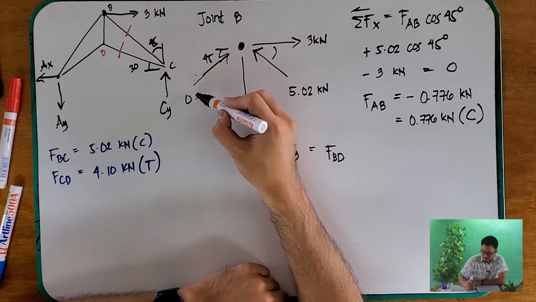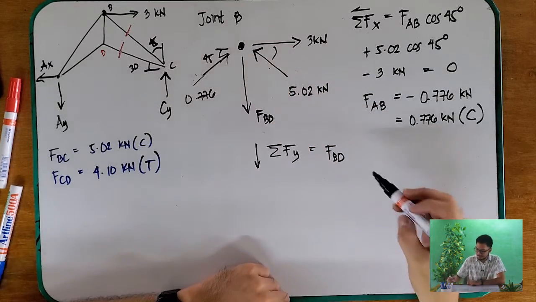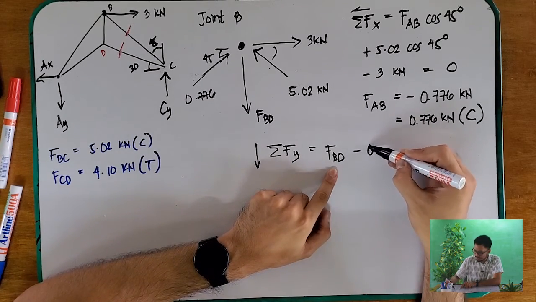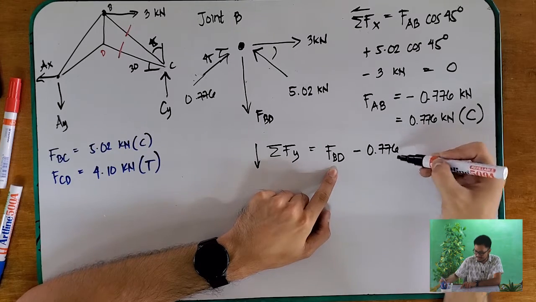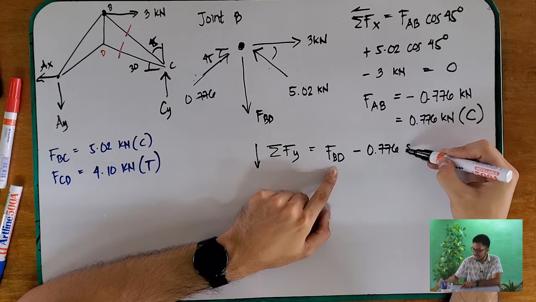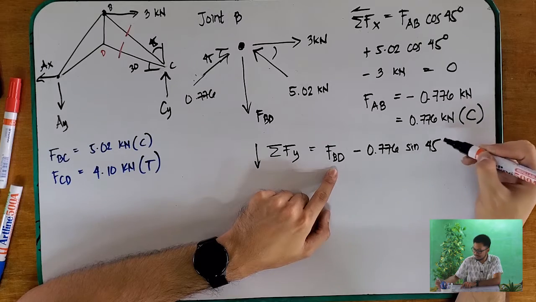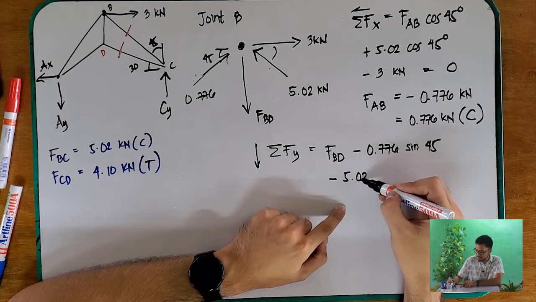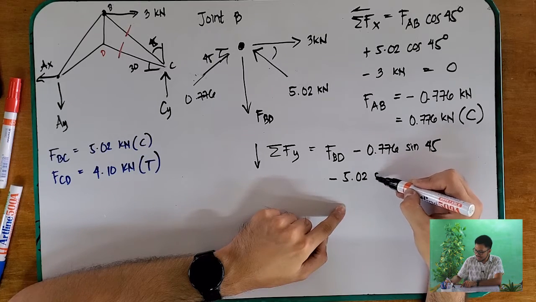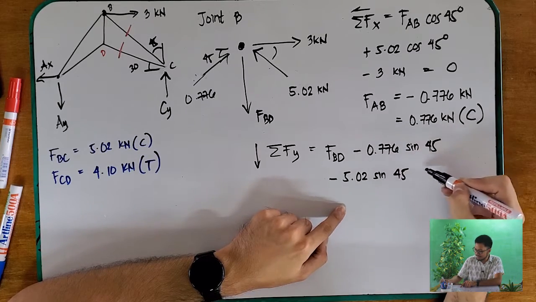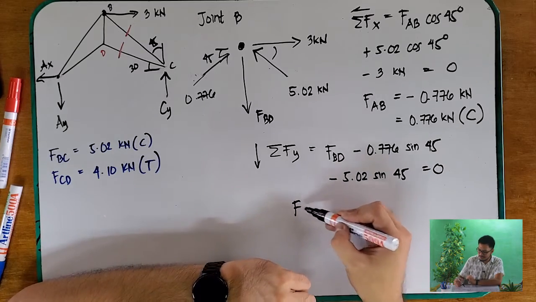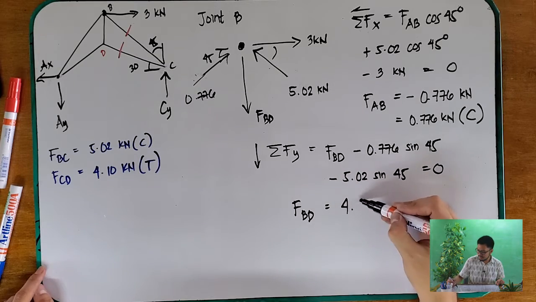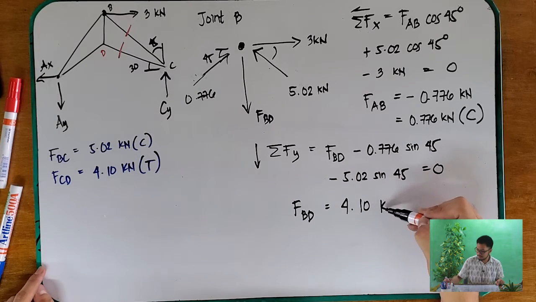So FBD minus 0.776 sine of 45 minus 5.02 kilonewtons sine of 45 equals 0. So the answer for your FBD is equal to 4.10 kilonewtons.